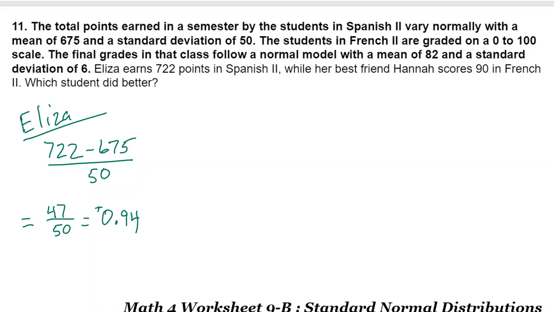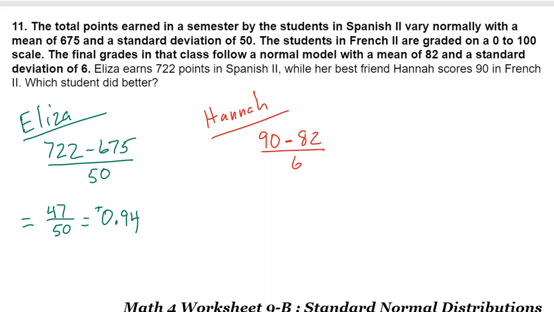So then we switch over to Hannah. And her score was a 90, where the mean was how much? 82, there it is. And the standard deviation of 6.